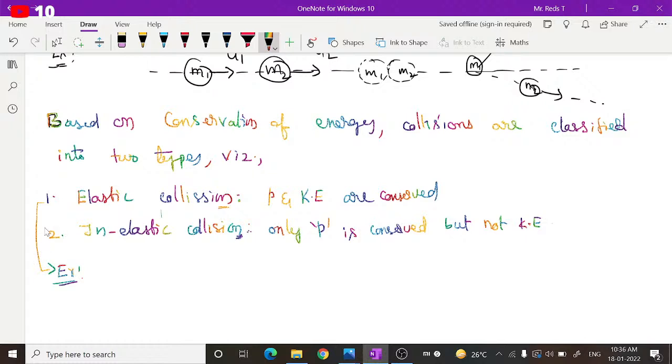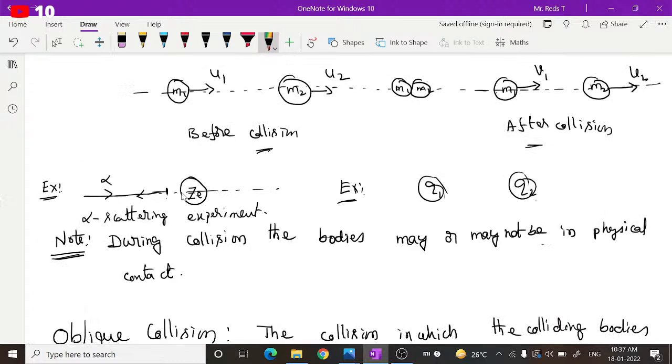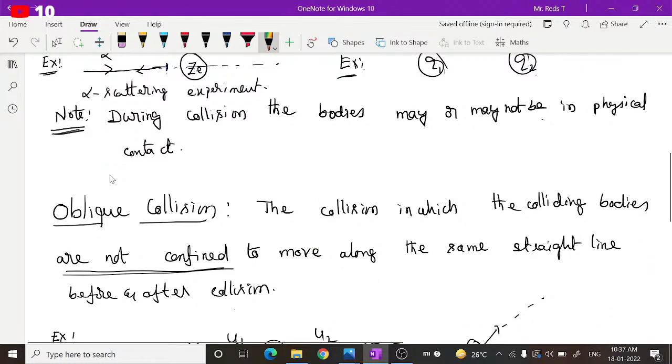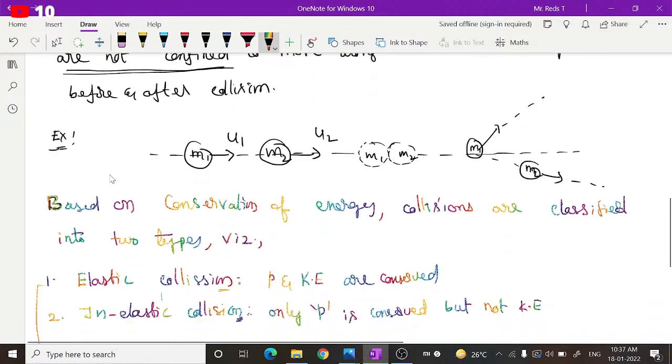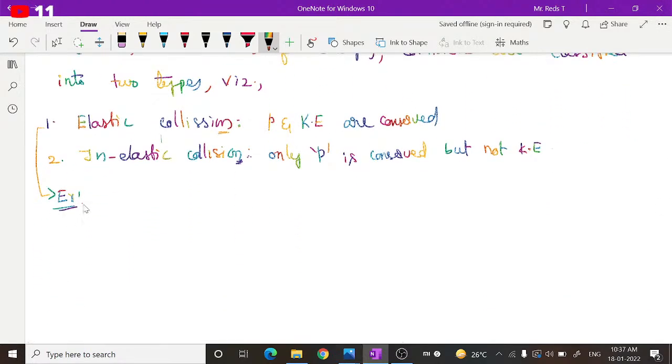The alpha particle is positively charged, and the nucleus is also positively charged. After reaching here, they will repel each other. The repulsion will be so strong that the alpha particle will stop here and move away along the same straight line. So it is an elastic collision, but a one-dimensional elastic collision. You can call it a head-on collision. One example for elastic collision is the collision of an alpha particle with the nucleus.